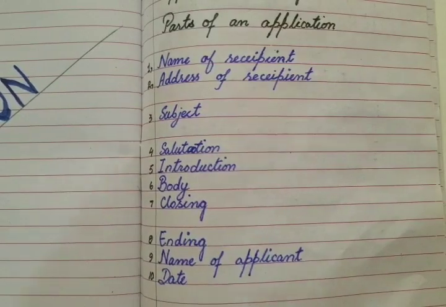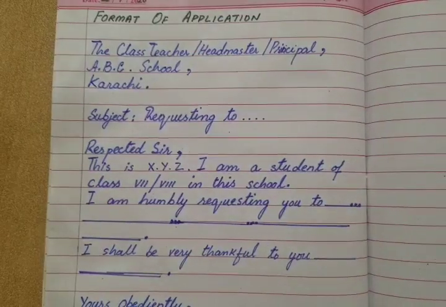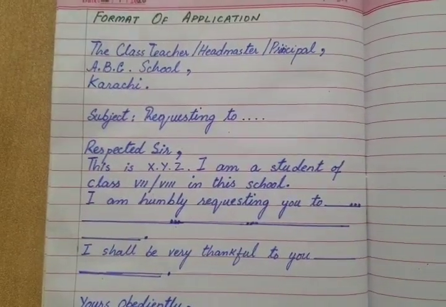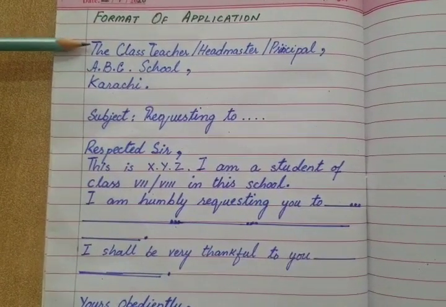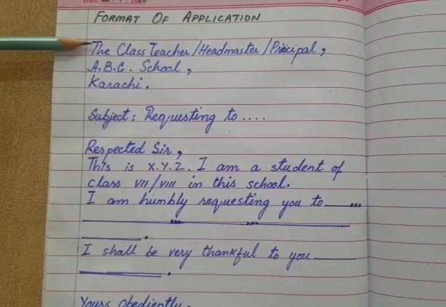After writing the parts of an application, you will write the format of application on the next page. Okay, format of an application. The class teacher, the headmaster or the principal.